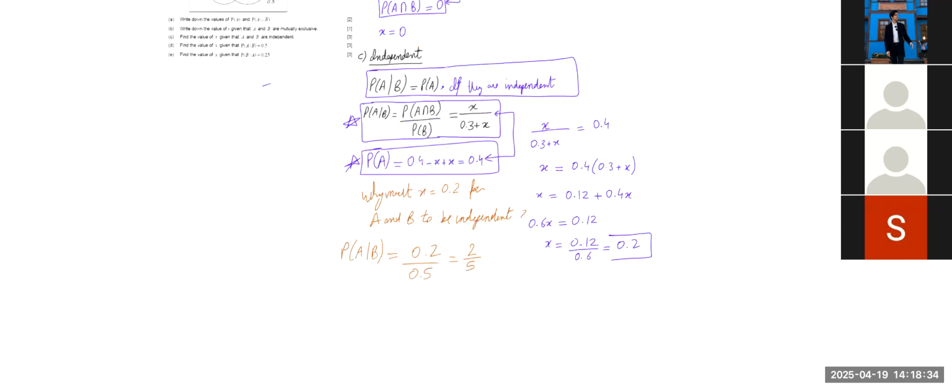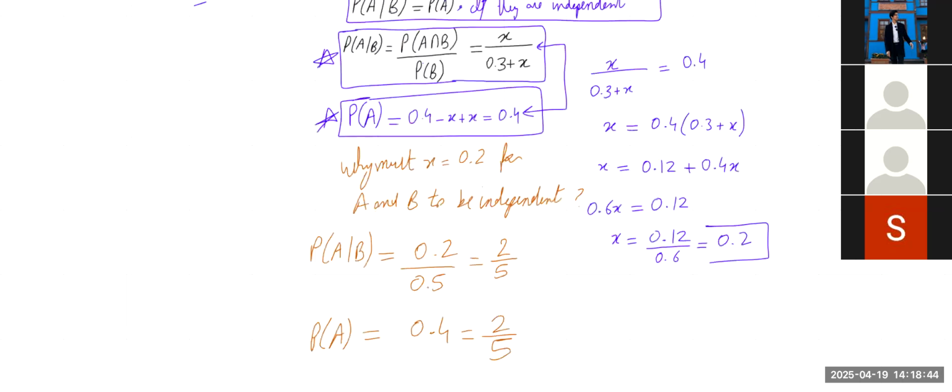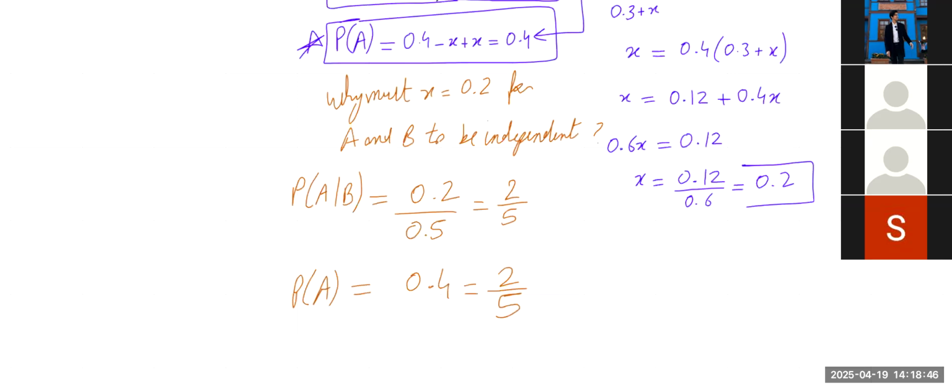And the probability of A anyway would just be 0.4, which is 2 over 5. So if x is equal to 0.2, then the probability of A happening given that B has happened is the same as the probability of A happening anyway, which means that A doesn't care about whether B has happened, which means that A is independent of B. Is this idea clear now?